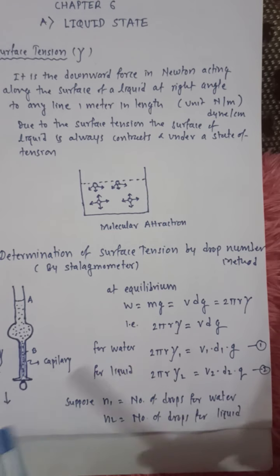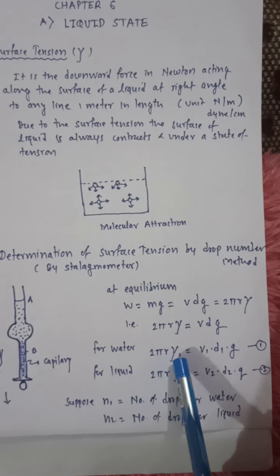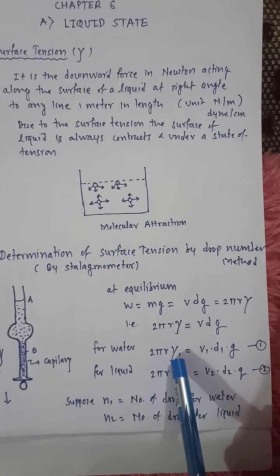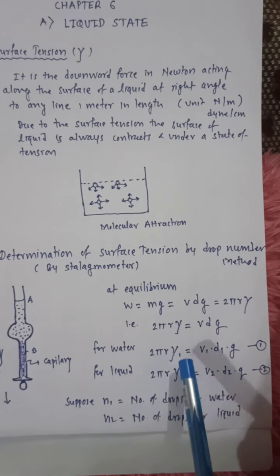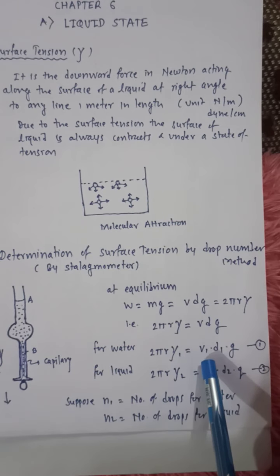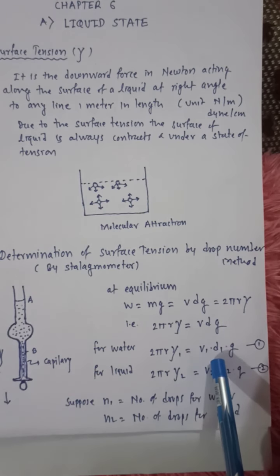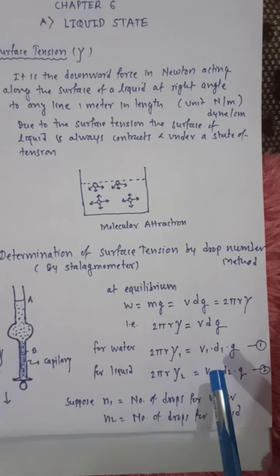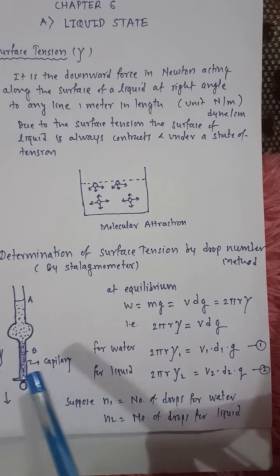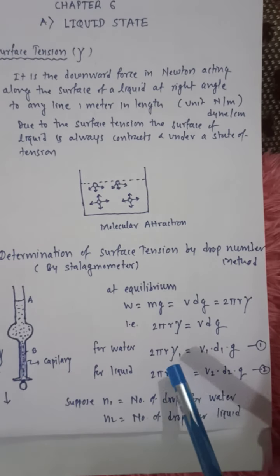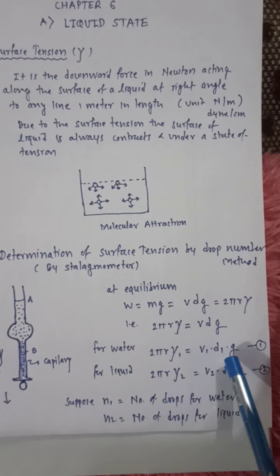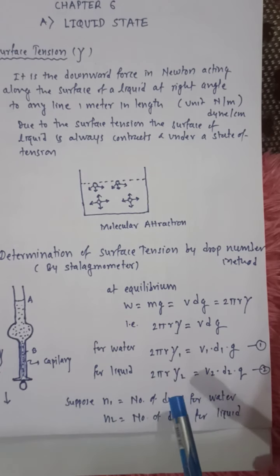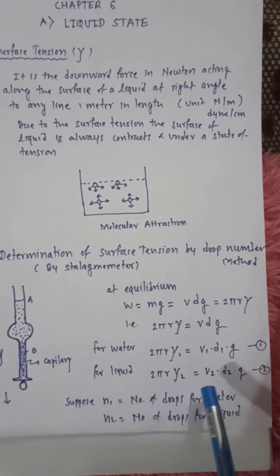Now for water, what will happen? If gamma 1 is the surface tension of water, then 2 pi r gamma 1 equals V1 into D1 into g. V1 is the volume of this drop, and D1 is the density of the water. For the liquid, 2 pi r gamma 2 will be equal to V2 into D2 into g.